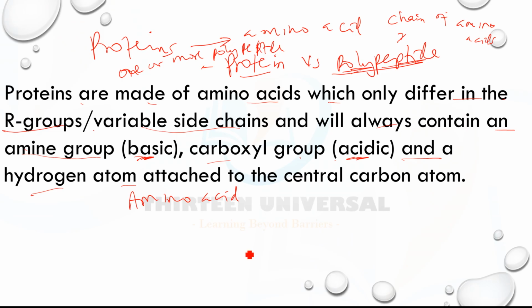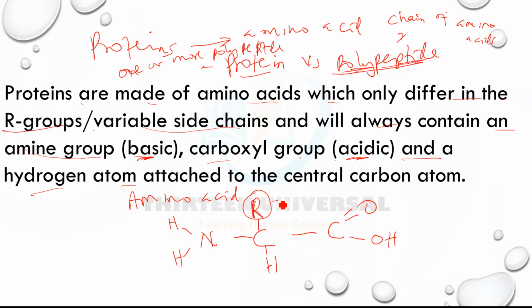Just like what they were trying to say here, this is the structure of an amino acid. It has three groups. This is the R group, which we call the variable group. That is what makes one amino acid different from another.